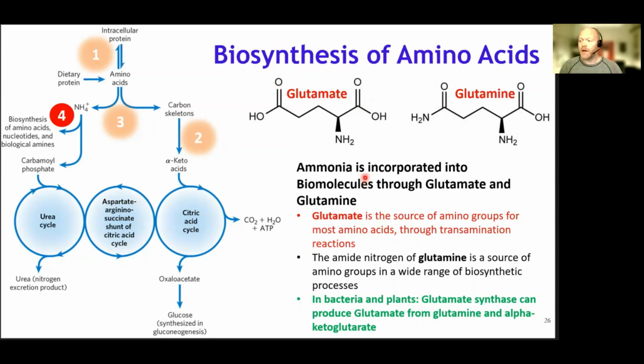At this point, I will also add that in bacteria and plants, glutamate synthase, an enzyme we have not encountered before, can combine glutamine and alpha ketoglutarate to form two glutamates. Although the synthetic pathways for nitrogen incorporation into biomolecules are similar across organisms, this is an example of how bacteria and plants often have biochemical tools that animals do not have.